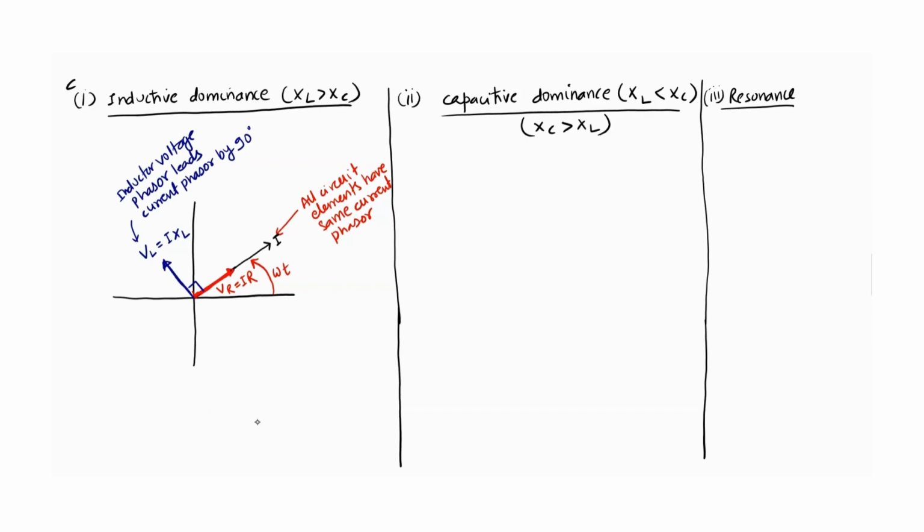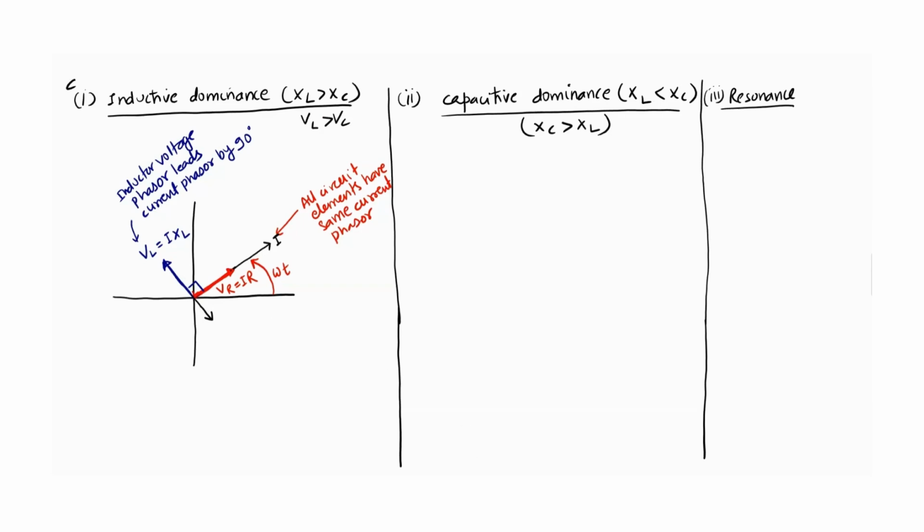Now we go for the capacitor. And we know the capacitor voltage phasor lags the current phasor by 90°. Since the circuit is inductive dominance, we have VL greater than VC, so we can see the length of the arrow.